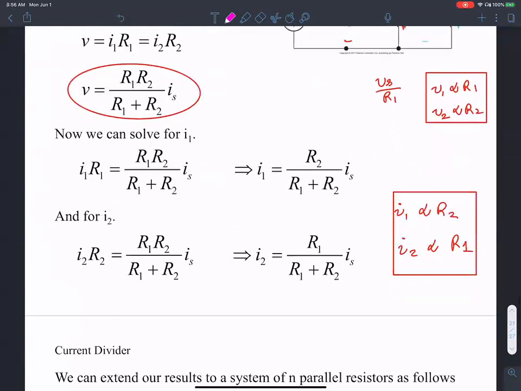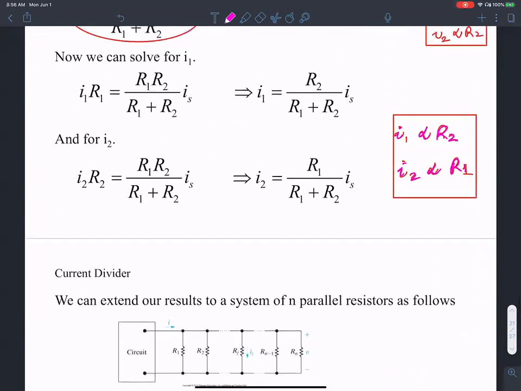Let me go back here. Current I1 is proportional to the other resistance. Current I2 is proportional to R1. That's exactly what I do. I2 is R1 over R1 plus R2. If you want to find the current in one resistance, multiply Is by the other resistance over the sum.